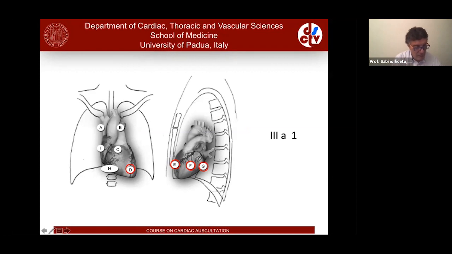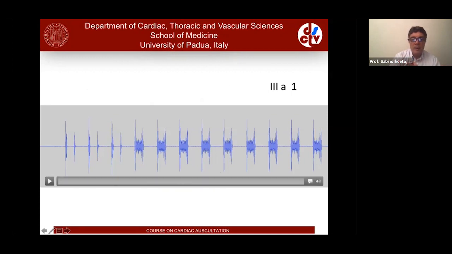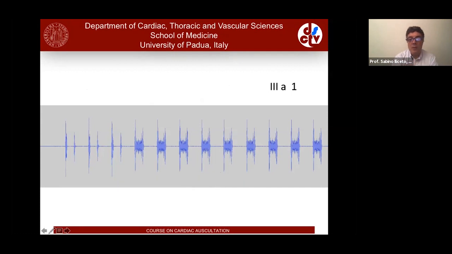So let's enter now in the more active phase. We shall hear a different example of mitral regurgitation. What I shall show you in this example, and in many others, will be a dynamic construction of the murmur. You will hear, with the phonocardiogram, 3 beats without the murmur, and then the murmur will appear.